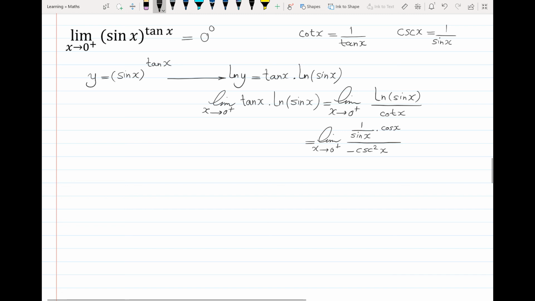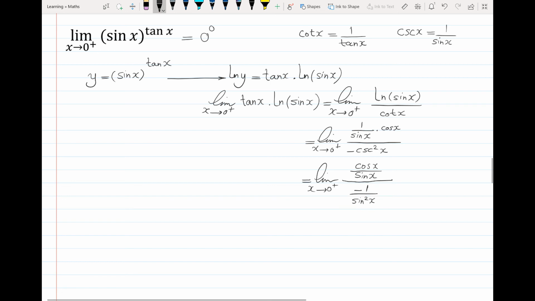So I am replacing cosecant of x in the denominator with 1 over sine of x. And so cosecant squared of x is 1 over sine squared of x. So we have limit as x approaches 0 from the right. In the top, we have cosine of x over sine of x. And in the bottom, we have negative 1 over sine squared of x.